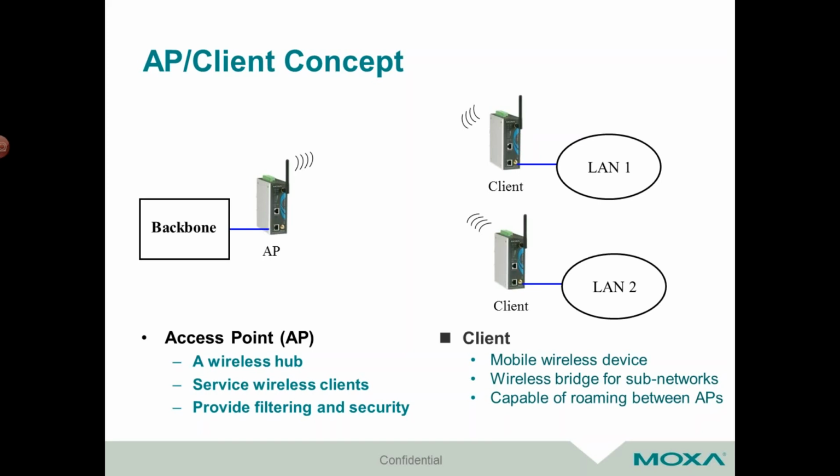For simplicity's sake, we'll say we have one main AP, or access point, that's going to serve multiple client devices. So what that means is that all the client devices are getting all of their data and sending all of their data through the one AP. So this is the same type of infrastructure that you would see, say, in your homes or your offices or in a lot of your facilities.